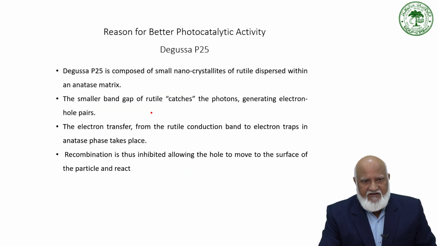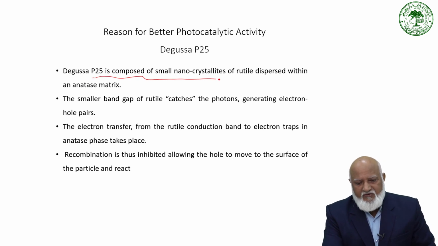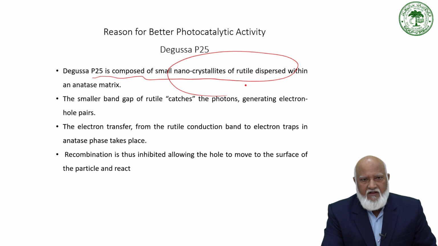So the results could conclude why the P25 is most active as compared to UV100, which is 100% anatase and has a large surface area. The reason could be rationalized in terms of the fact that P25 is composed of a mixture of rutile and anatase.